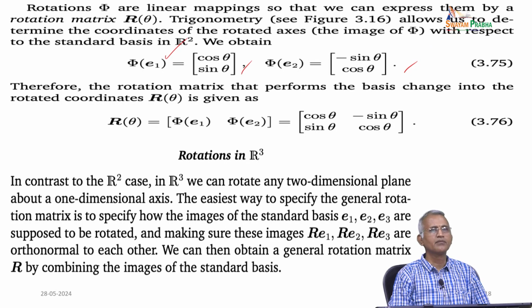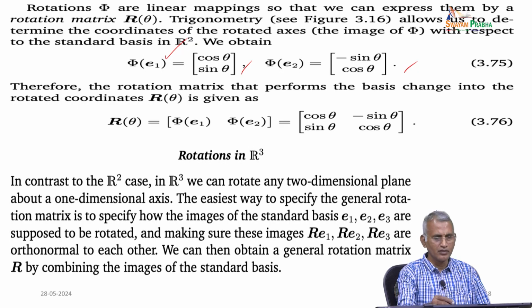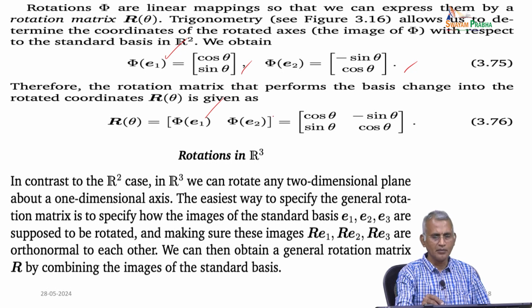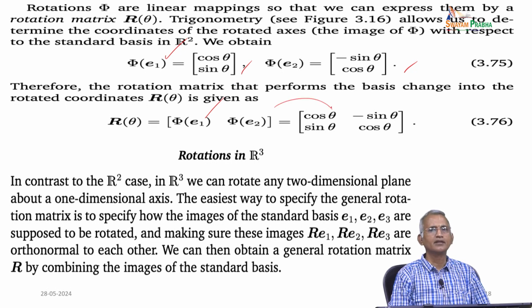Therefore, the rotation matrix that performs the basis change into the rotated coordinates R of theta is given by R of theta equal to phi of e1 comma phi of e2, which in matrix form is cos theta, minus sin theta, sin theta, cos theta. So, this is the standard two-dimensional rotation matrix.